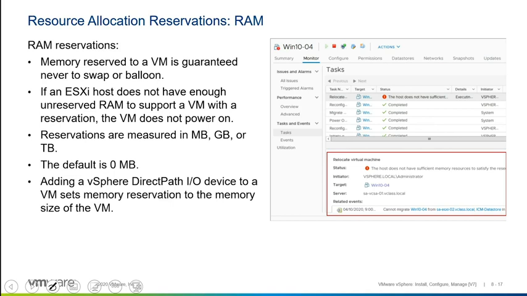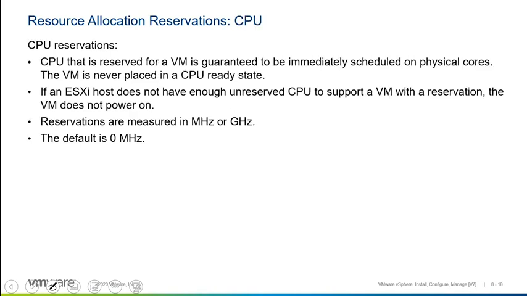If you use DirectPath I/O, all 8 gigs of RAM for your VM with an 8 gig allocation will have to be reserved. ESXi will tell you that through the vSphere client, and it'll say, do you want to reserve all the RAM? You say yes, and that'll allow you to do DirectPath I/O. So just a note about RAM reservations.